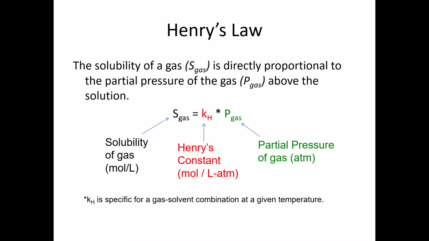It's a constant value depending upon what gas and liquid you're trying to make a solution of, times the pressure or partial pressure of the gas. Right? So how much pressure is being put on the gas to go into the solution. So as we can see, as pressure increases, solubility increases because K is constant.